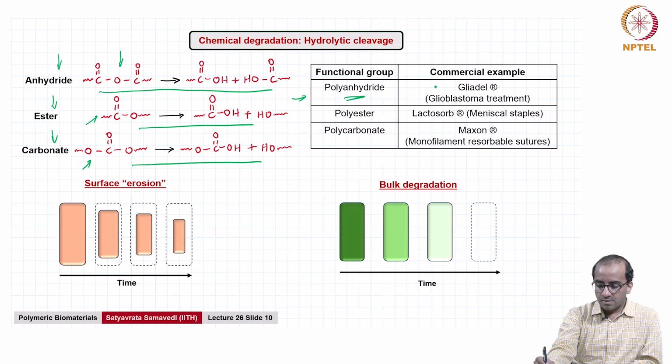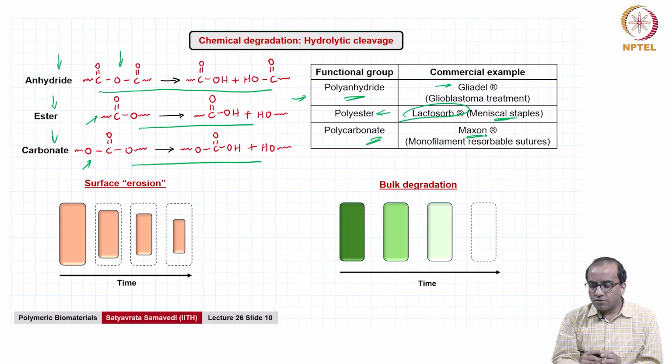Polyanhydride, again we have seen Gliadel, which is used for glioblastoma treatment. Polyester, you can have Lactosorb, which are used as meniscal staples, essentially some kind of a PLA, PGA kind of a polymer. You can also have polycarbonate, Maxon, which is a monofilament resorbable suture.